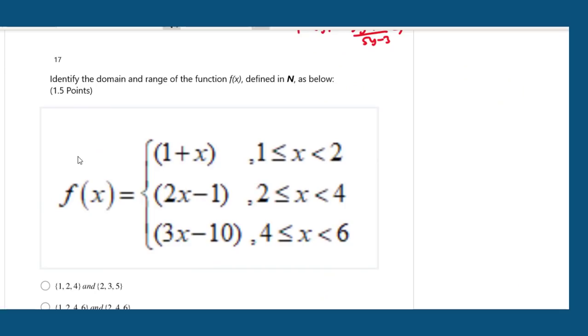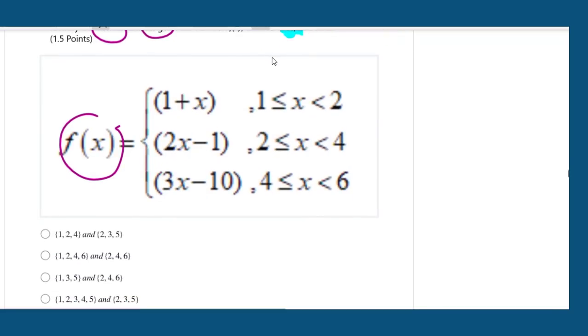Number 17. Identify the domain and range for function f(x) and define n. n is a natural number, starting from 1, 2, 3 up to infinity.